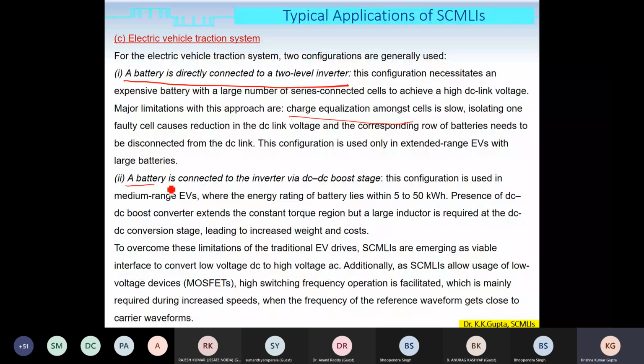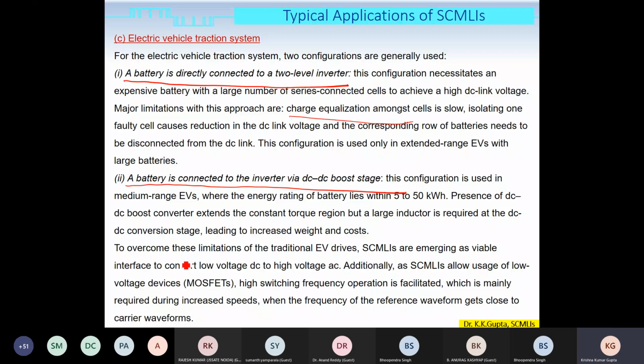Another approach is, of course, to have a series parallel combination and then use a DC to DC boost stage. Once again, it is a mobile system and you want it to be very compact and reliable, right? So this DC to DC boost stage does not actually help in that.